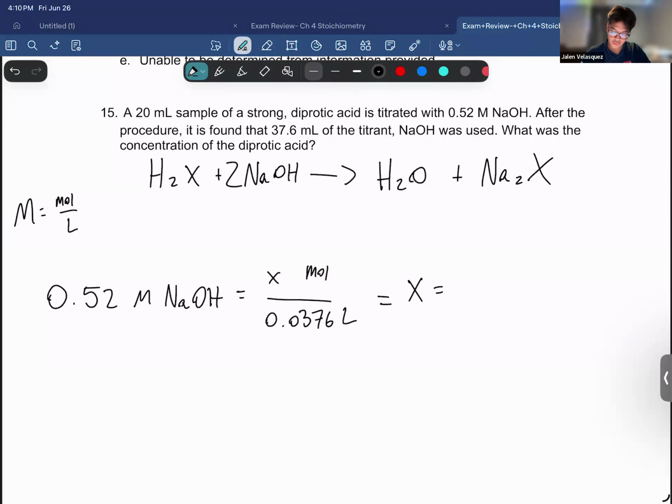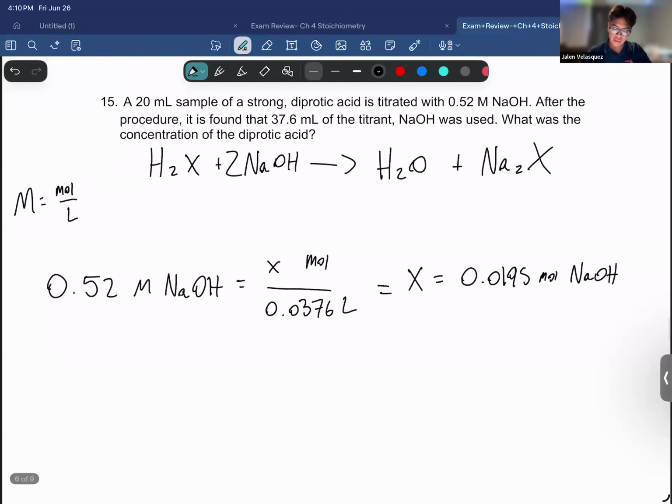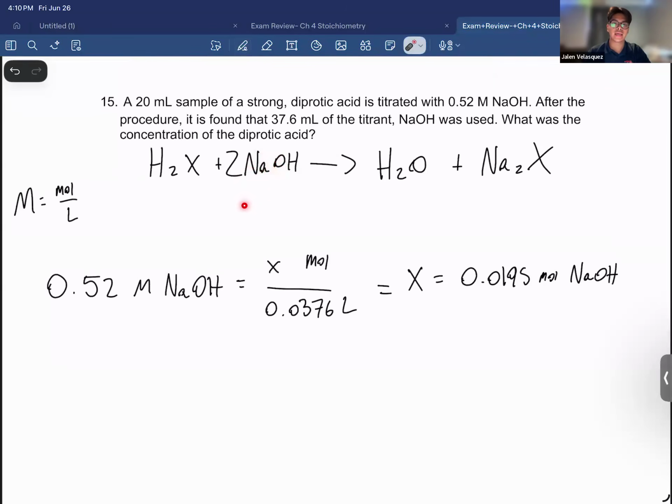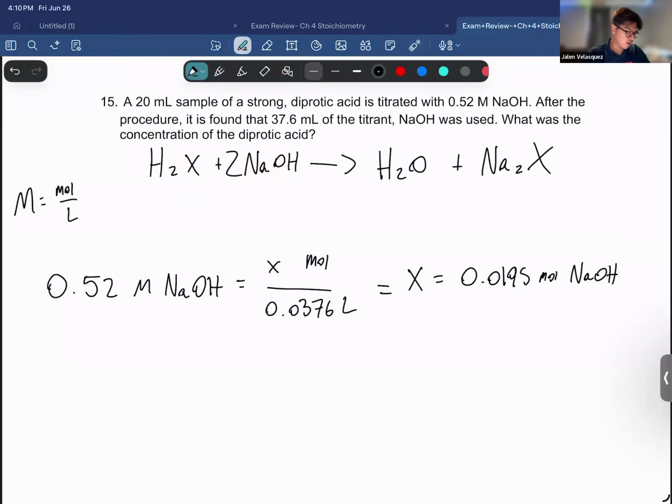So X is equal to 0.0195 moles of NaOH. Now that I have the moles of the base, I can get the moles of acid by using the mole ratio. So we have a 1 to 2 ratio.